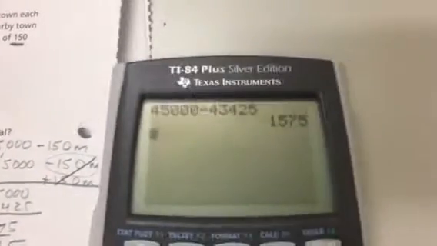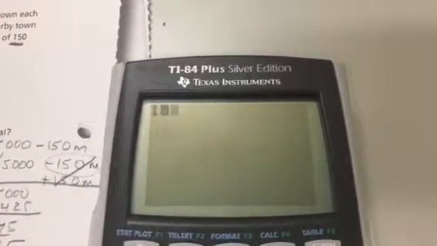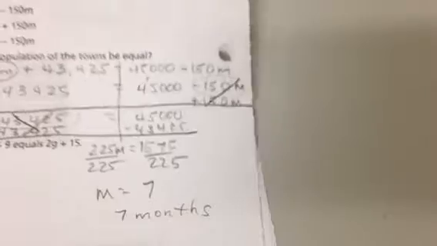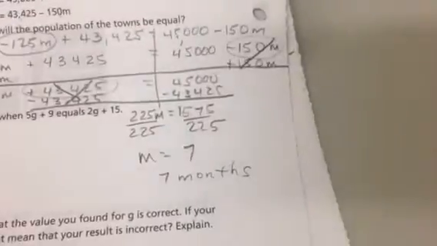And in my calculator, if I do that, 1,575 divided by 225 would be 7. So that means the population would be the same in 7 months. Okay, so that was number 6.